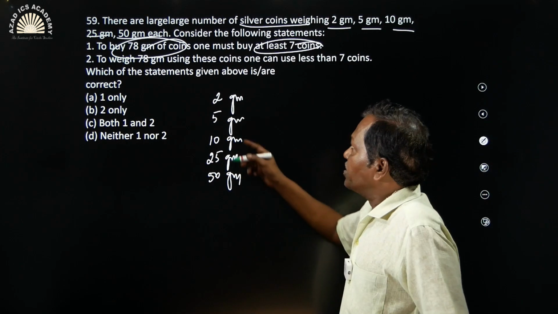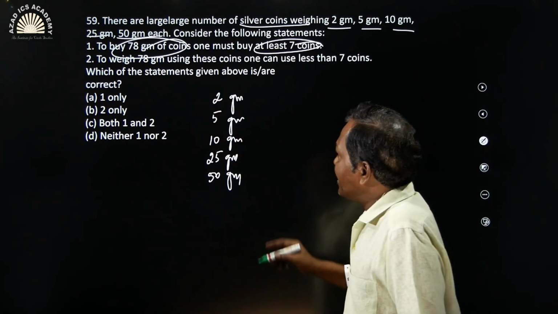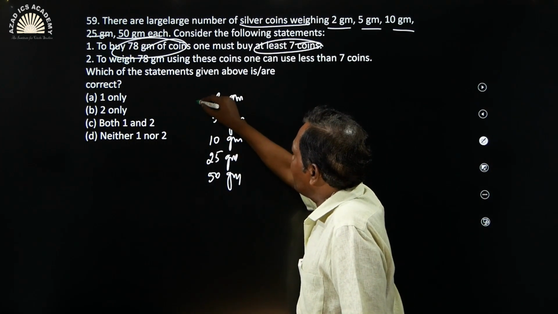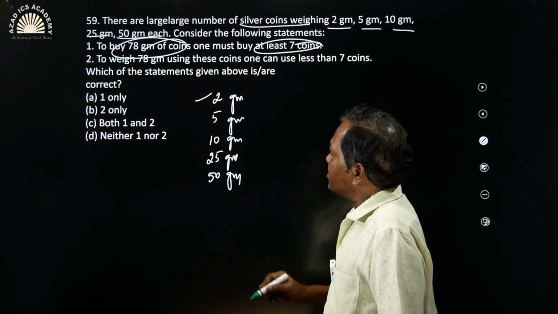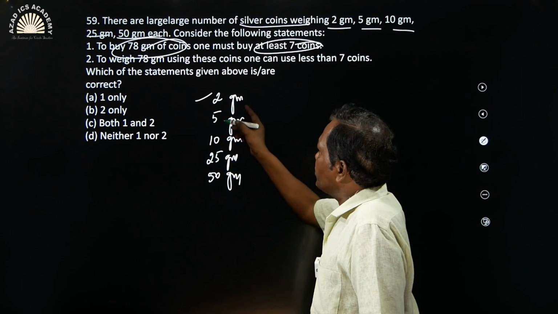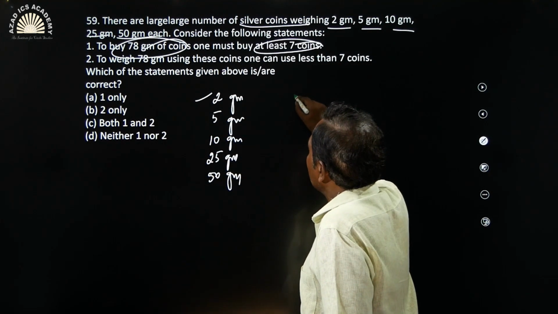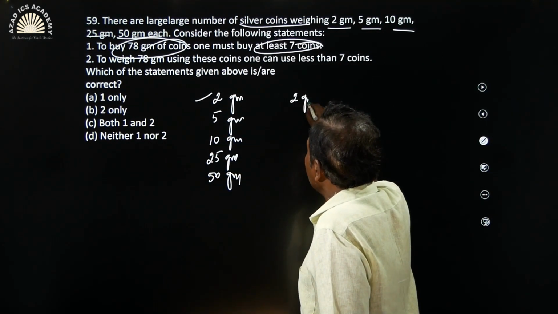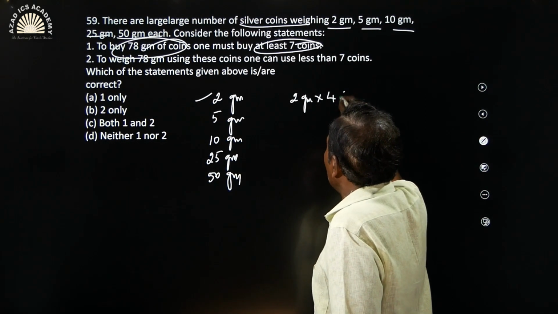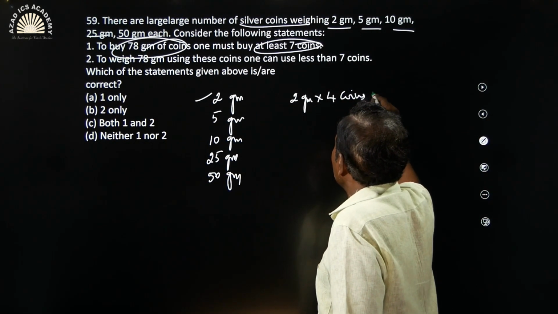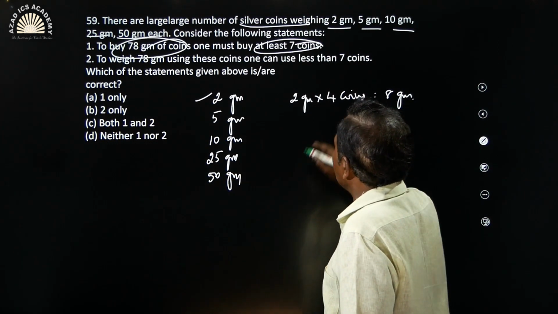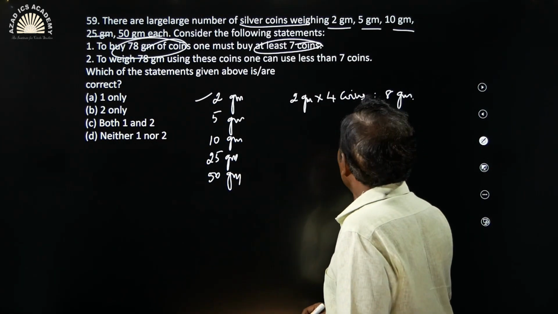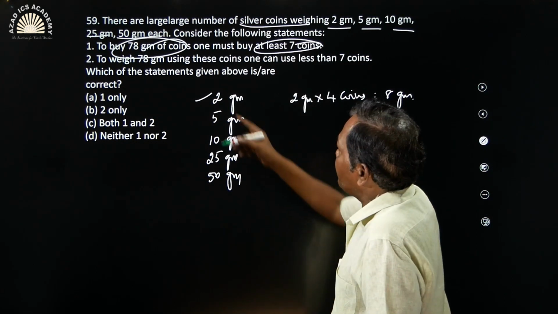But 8 will not come there. 8 is possible only with the help of 2 gram coins. If you take 2 gram into 4 coins, the total weight is 8 gram, the number of coins is 4, each one is 2 gram.